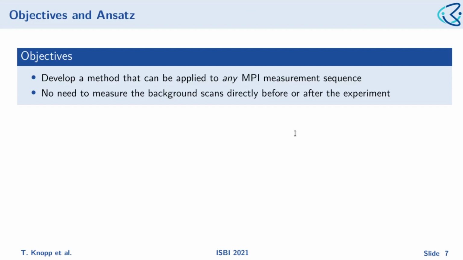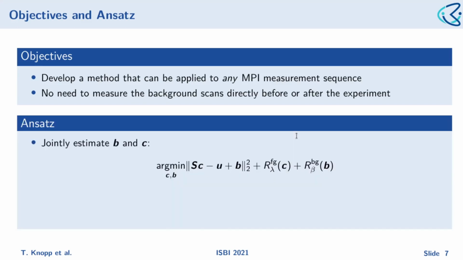The objective of this work is to develop a background estimation approach that can be applied to any MPI sequence. There should be no need to measure background scans directly before or after the experiment. Our approach is outlined next. In the most general form, a joint estimation of B and c can be expressed as the optimization problem shown here.